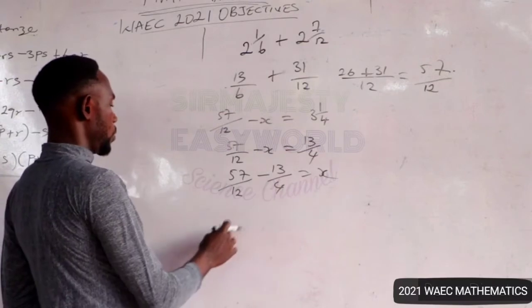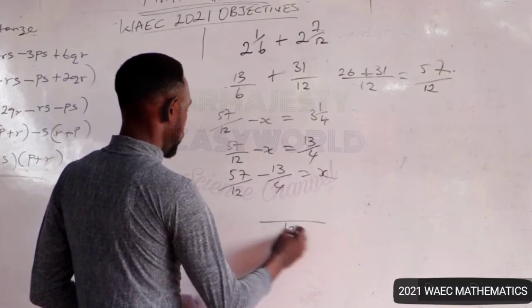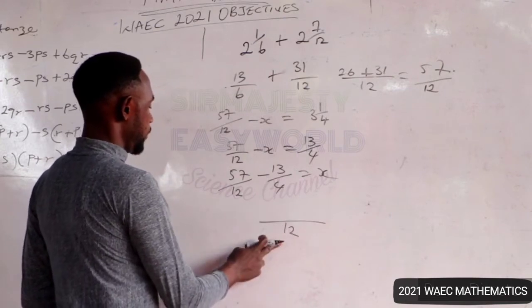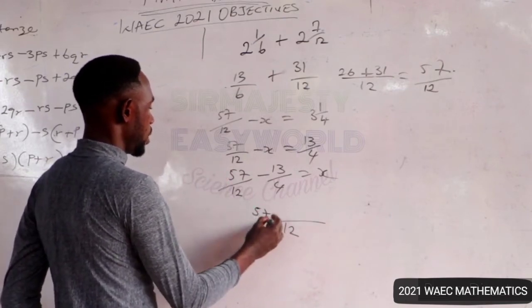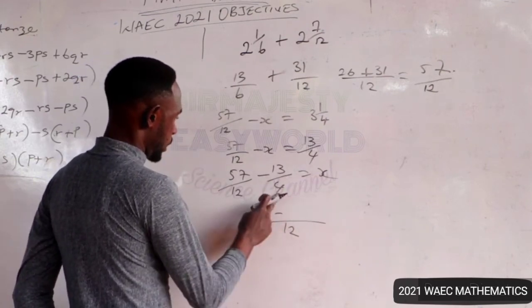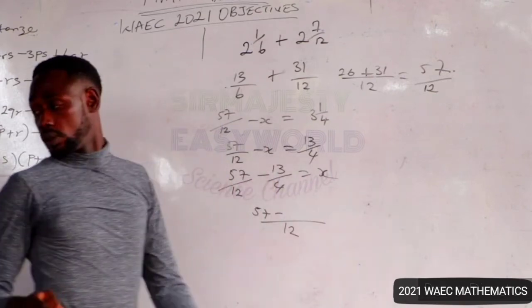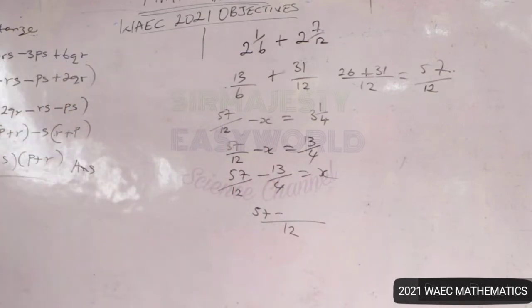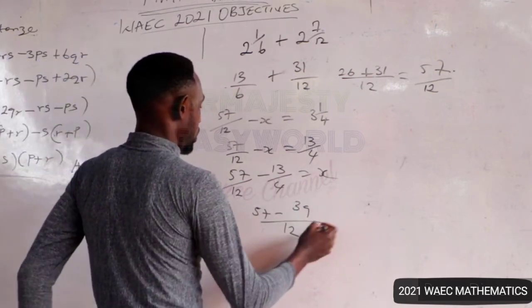So we still do our LCM. The LCM of 12 and 4 is still 12. 12 divided by 12 is 1. 1 times 57 is 57, minus 12 divided by 4 is 3. 3 times 13 is 39.